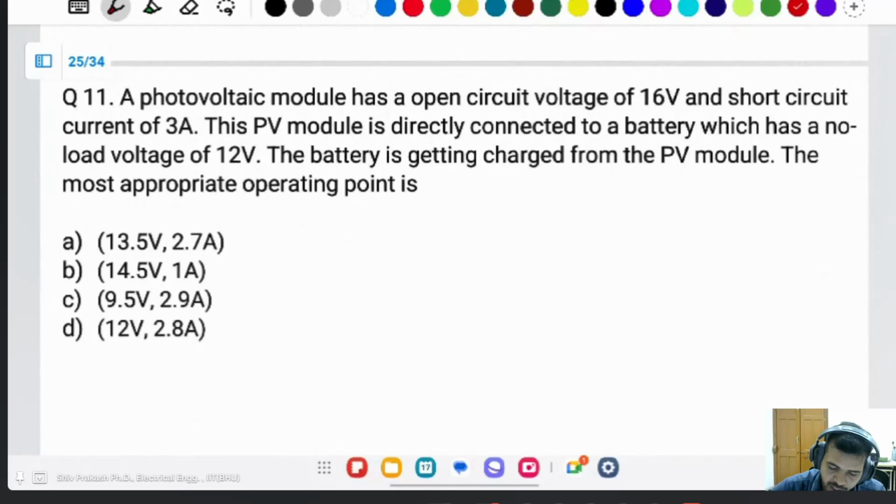A photovoltaic model has an open circuit voltage of 16 volt and short circuit current of 3 ampere. Same, 16 volt and short circuit current of 3 ampere. This PV model is directly connected to a battery which has a no load voltage of 12 volt. The battery is getting charged from the PV module, then the most appropriate point.